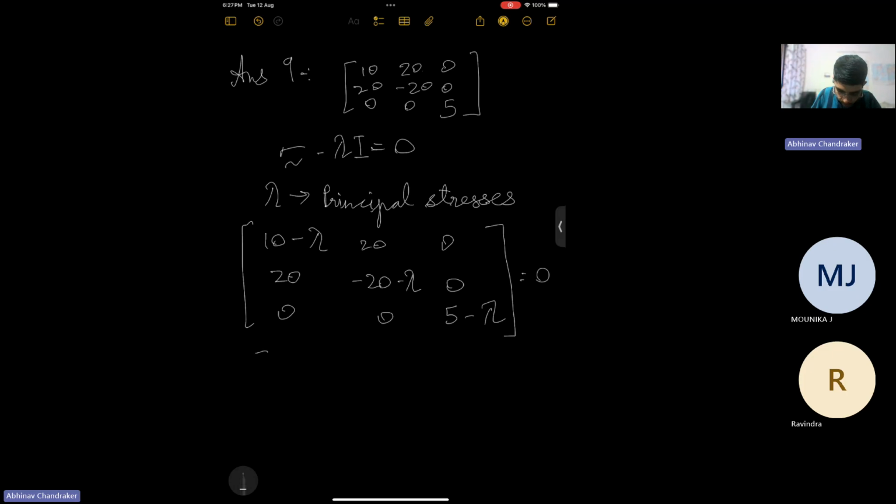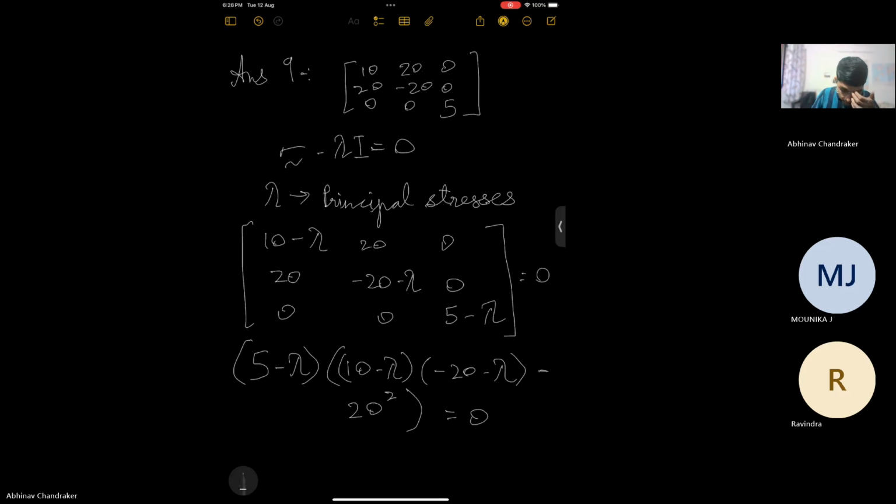So if we open up this matrix, it will be 5 minus lambda into 10 minus lambda into minus 20 minus lambda minus of 20 square equal to 0. So one value is lambda equal to 5.